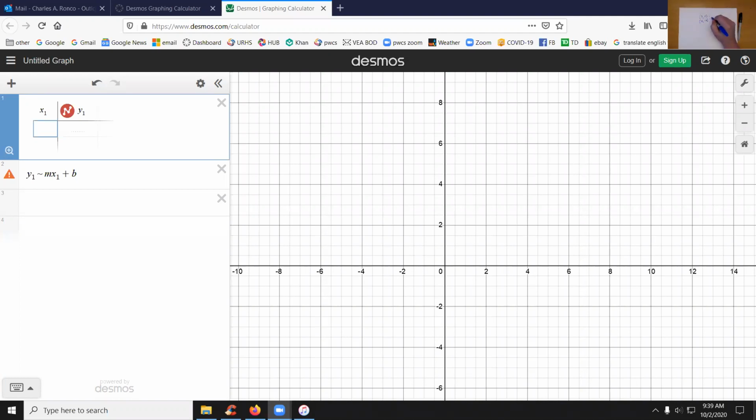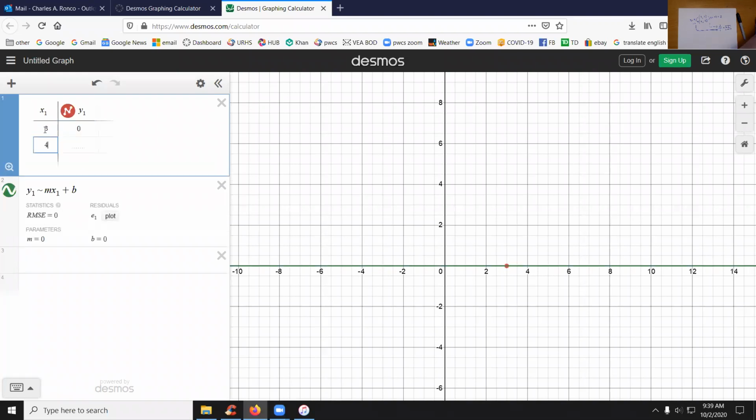So 0 minus -2 is 2. And 3 minus 4 is -1. And 2 divided by -1 is -2. And if you did it in Desmos, there it gives it to you under the parameters right there.